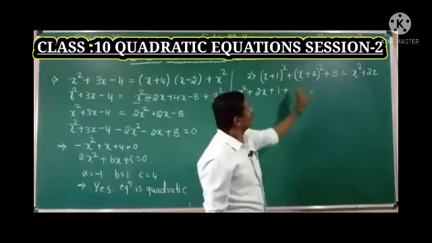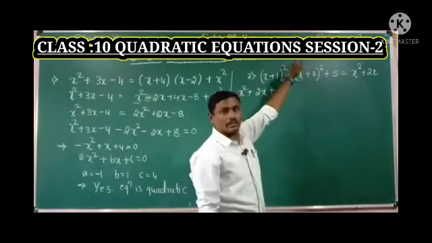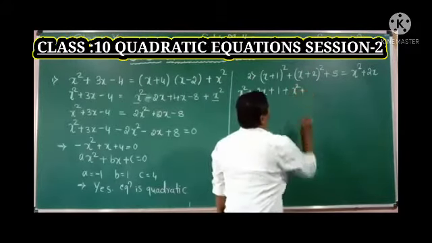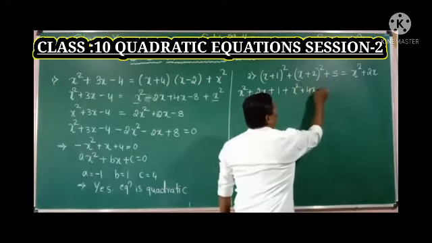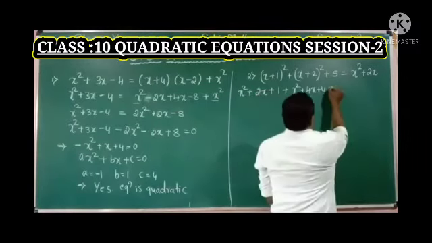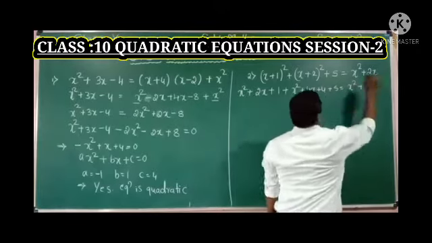Similarly, simplify (x plus 2) whole square using the same identity: x square plus 2 twos are 4x plus 4, right? Plus 5 is equal to x square plus 2x.